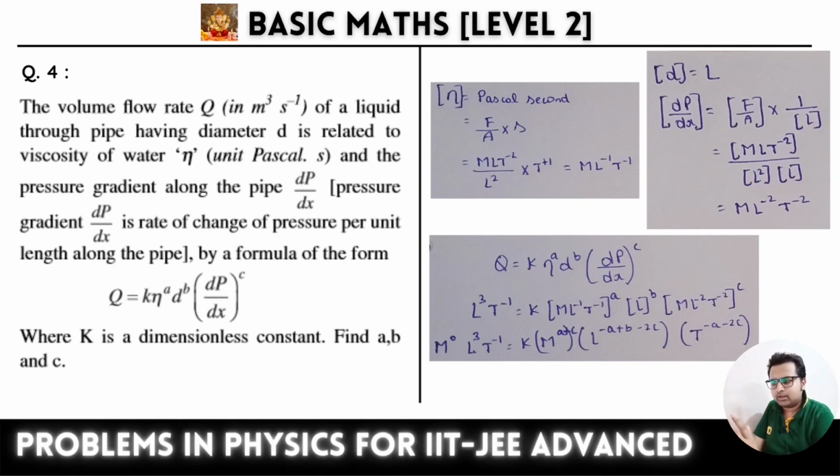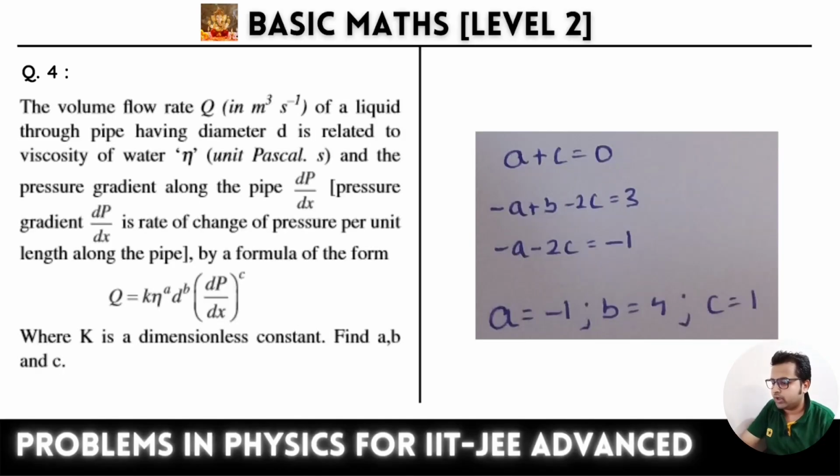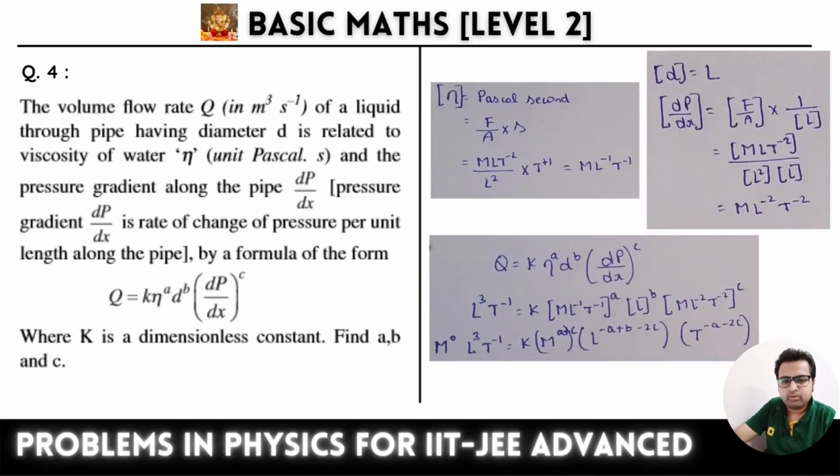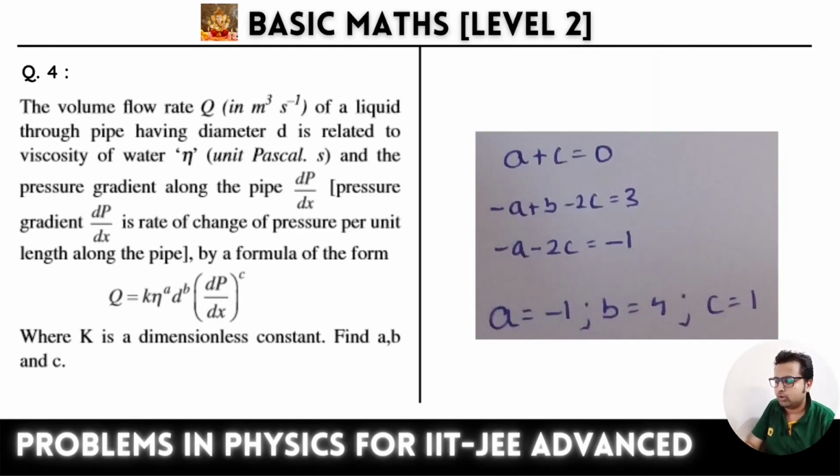This concept is clear, very basic concept. With this you will get that a plus c will be 0, minus a plus b minus 2c will be 3, minus a minus 2c will be minus 1. With this you get the answer that a is minus 1, b is 4, and c is 1. So this is what you have to find.